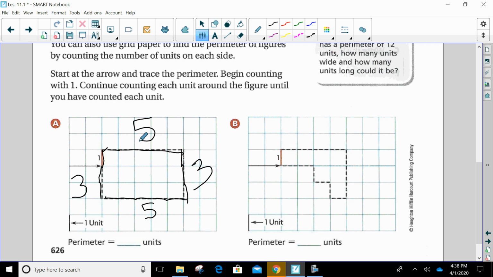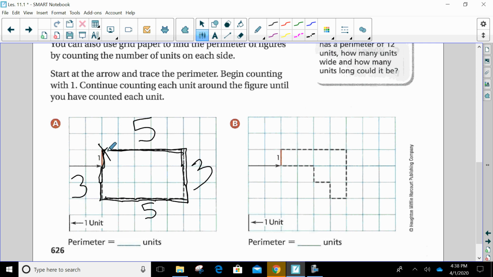Okay? You went from corner to corner. You want to count all the sides. So you could have also just counted them. 1, 2, 3, 4, 5, 6, 7, 8, 9, 10, 11, 12, 13, 14, 15, 16.